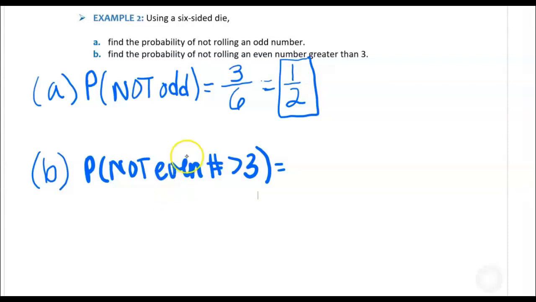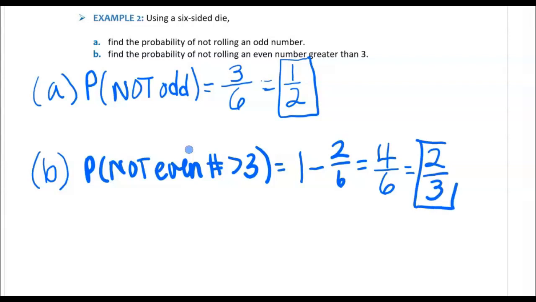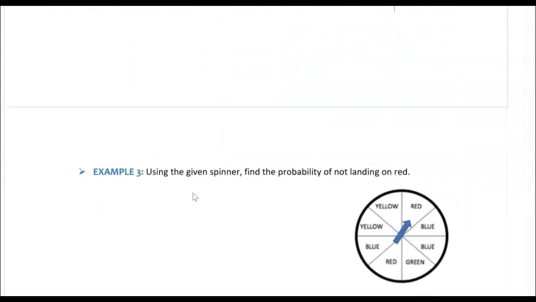So I need to find 1 minus 2/6. The 2/6 represents the probability of rolling a 4 or 6. This would give us a probability of 4/6, which reduces to 2/3. So the probability of not rolling an even number greater than 3 would be 2/3.